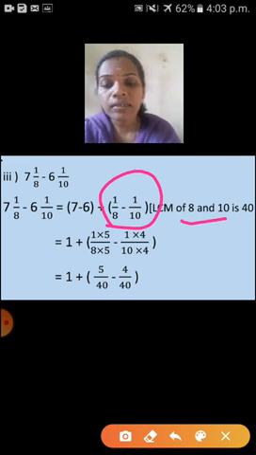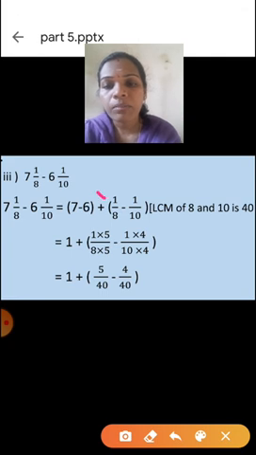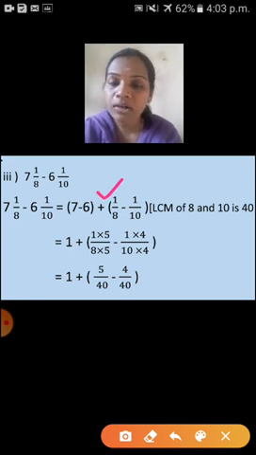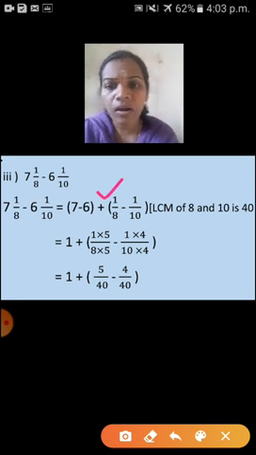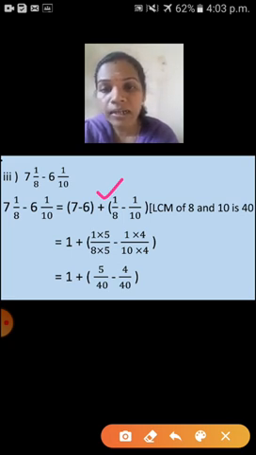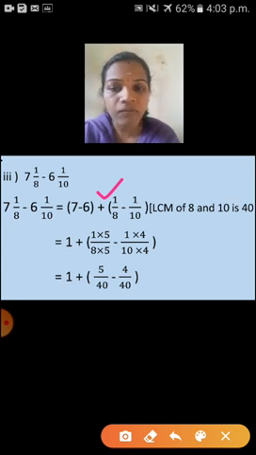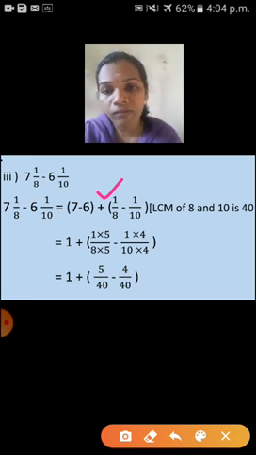Okay. So here see this first fraction, 1 upon 8. That 8 you have to convert into 40. How will you convert? If you multiply this 8 with 5, you will get 40, because 8 5s are 40. At the same time, the numerator also you have to multiply with the same number, that means 5.